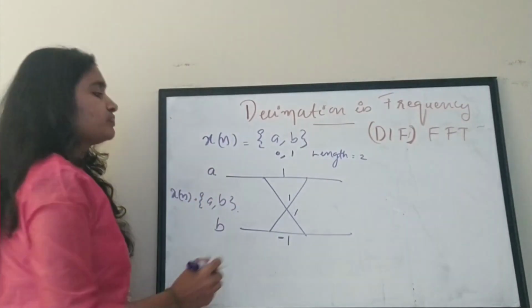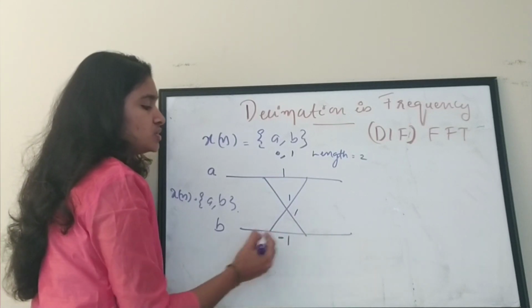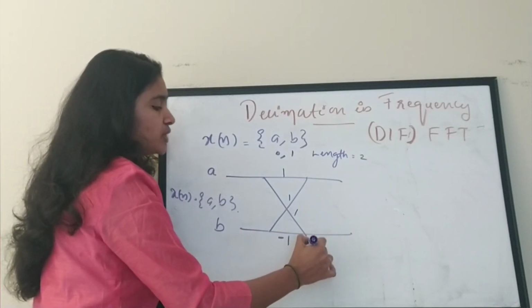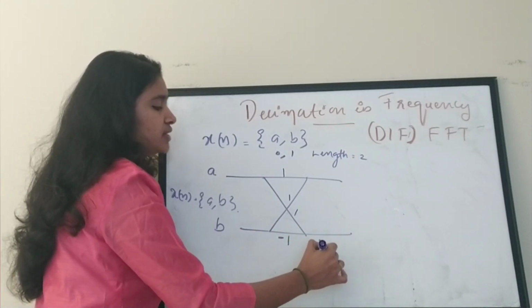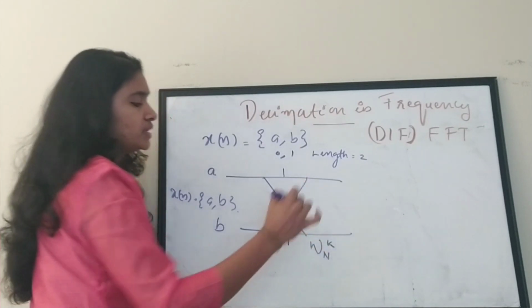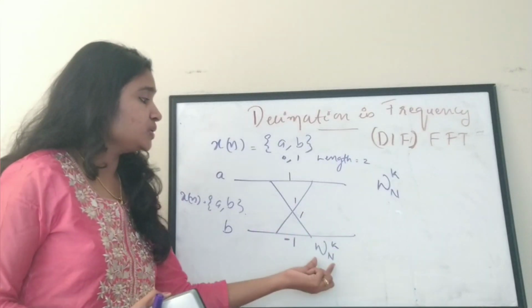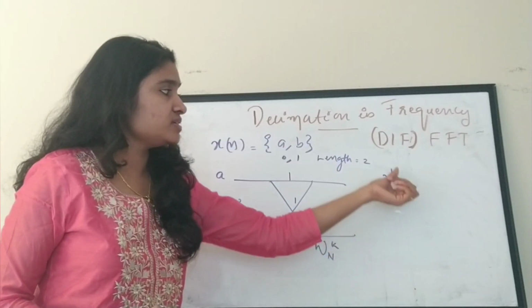In the lower parallel branch, there is a weight, in general W_N raised to k.